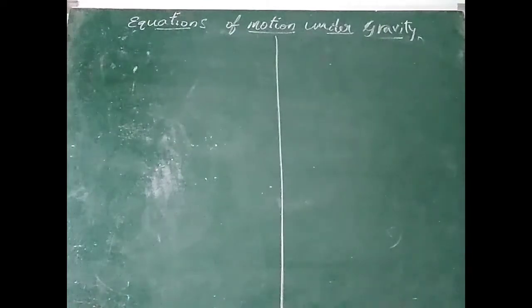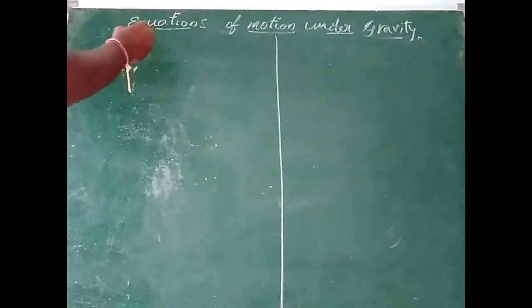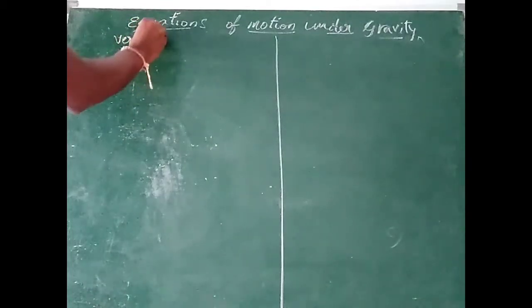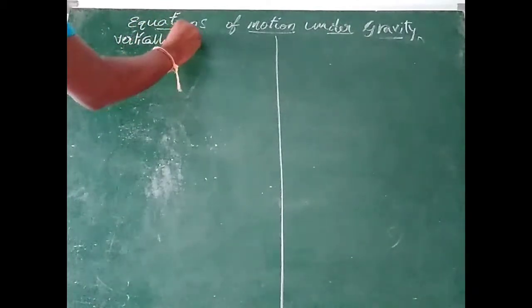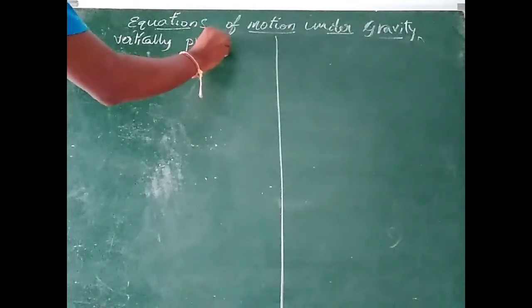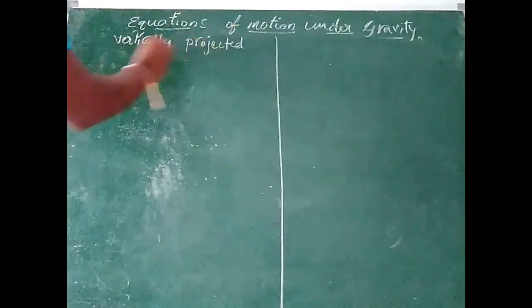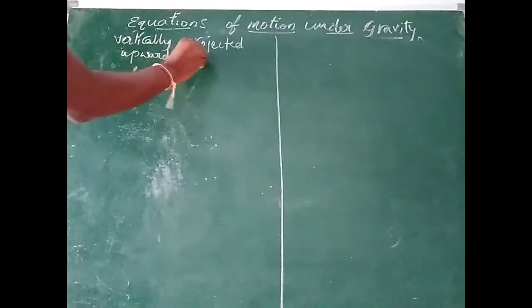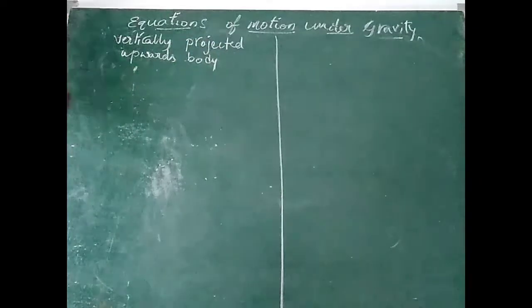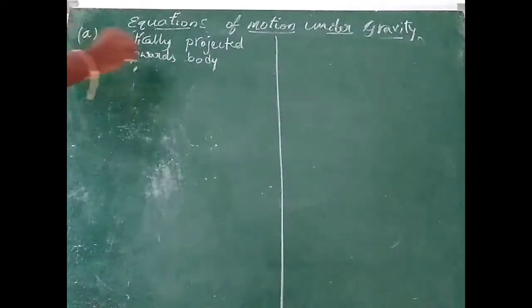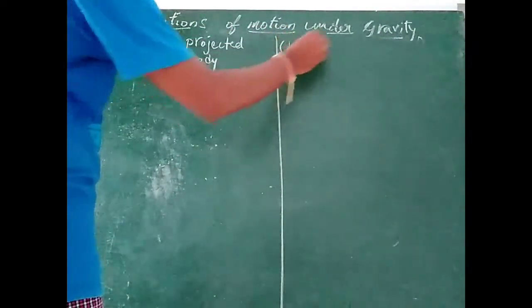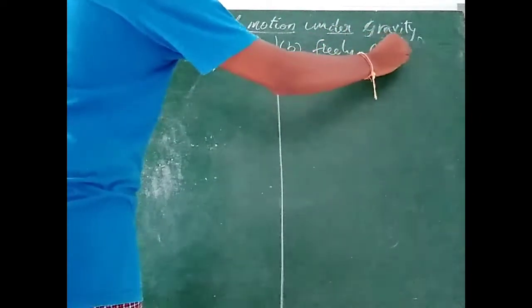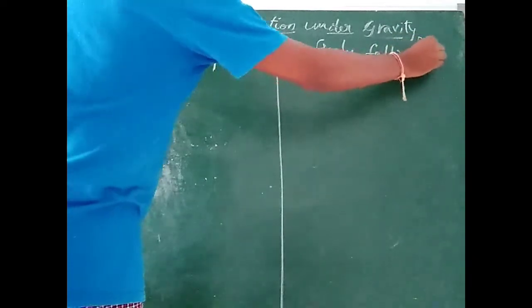For a vertically projected upwards body is one case, and freely falling body is the other.